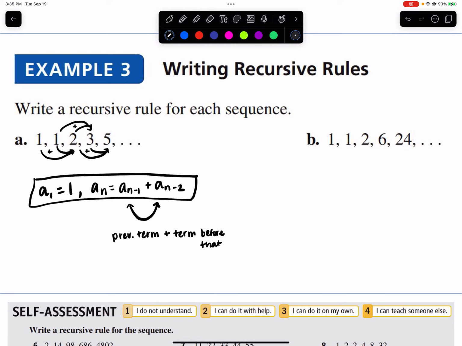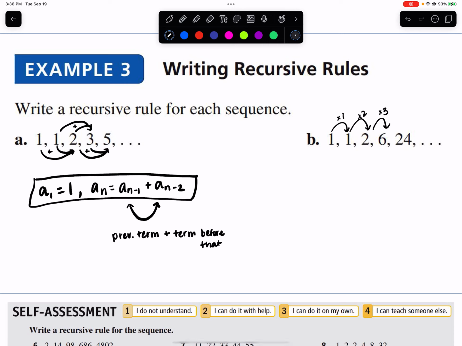Okay, for part B, this one's a little different. It looks like I'm multiplying maybe. So let's say 1 times 1. So I'm taking my previous number and multiplying by its position. And then multiplying by 2.